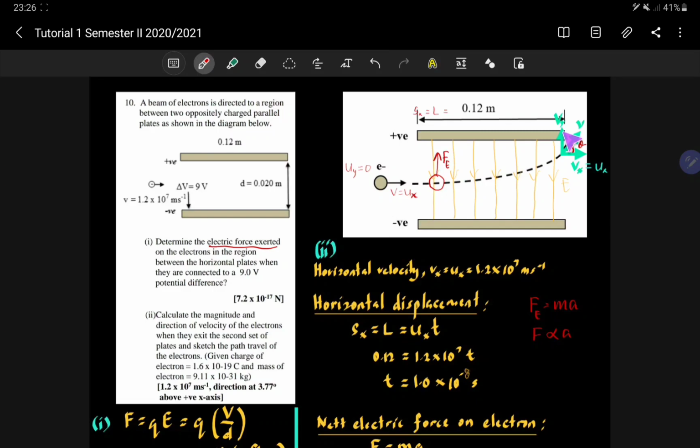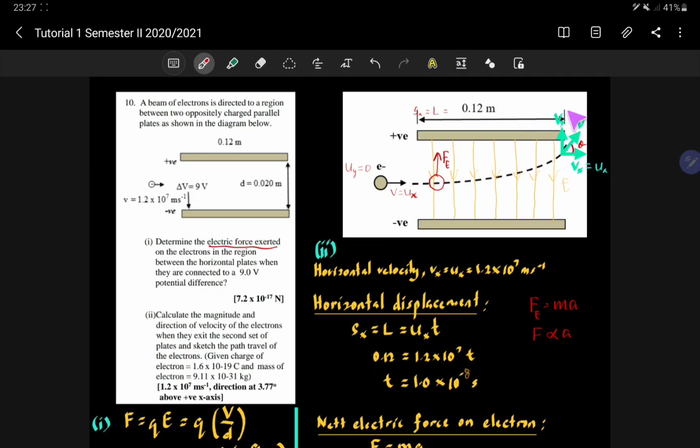So the speed on the Y component varies with time, because it is affected by the acceleration. But on the X component, there is no acceleration, so Vx equals Ux. Ux equals the speed given before, because the speed is initially on the x component, isn't it? It isn't affected by any acceleration.